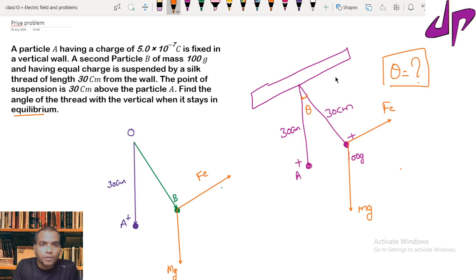Now from the given figure, since it's a thread, tension will act in this direction, and this length of the thread is 30 centimeter. Suppose I draw a line from A to B, so there's an imaginary line in the direction of the Coulomb force. Now if I take this angle as theta, now OAB looks like an isosceles triangle.